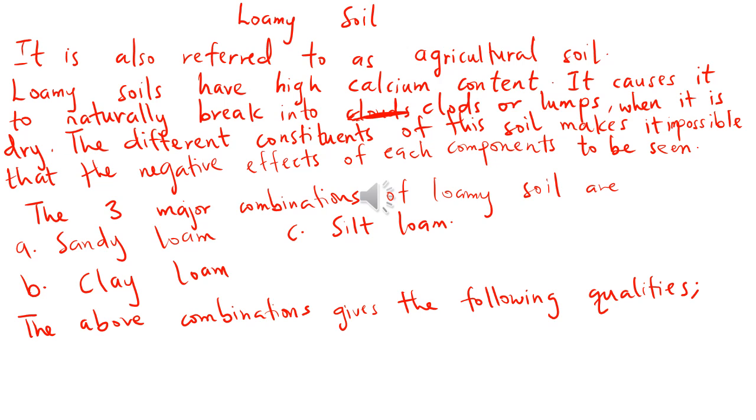Now, because loamy soil contains some small amount of sand and some small amount of clay, you realize that sand has its own disadvantage, clay has its own disadvantage, but because of the proportions of sand and clay in loamy soil, their negative effect is cancelled out, making loamy soil the perfect soil for agriculture.